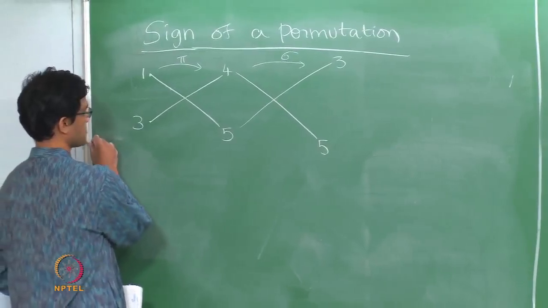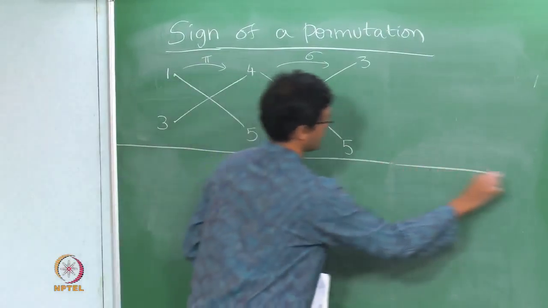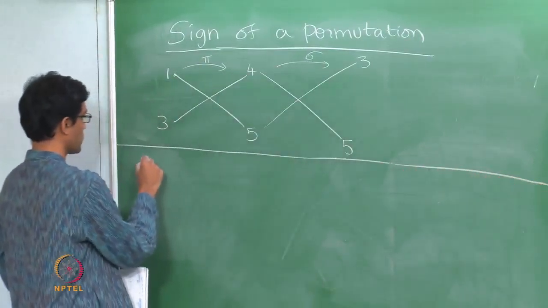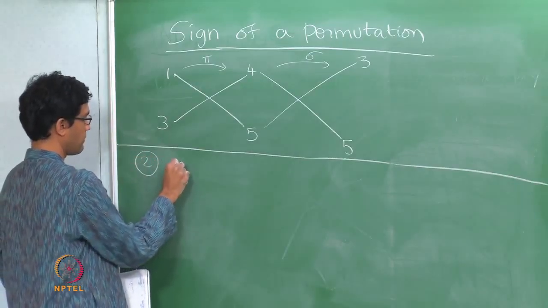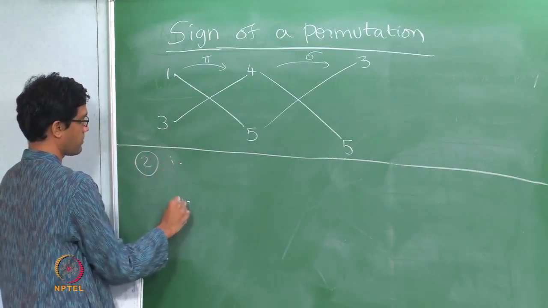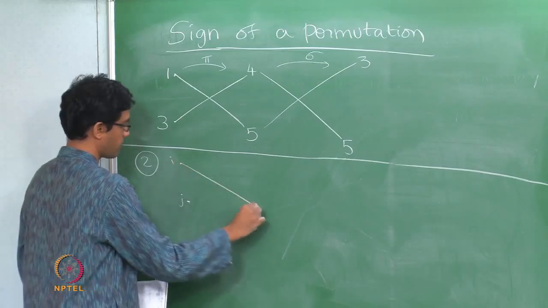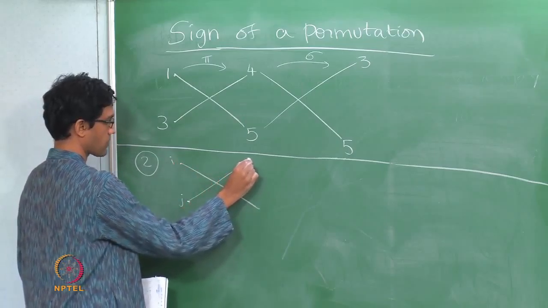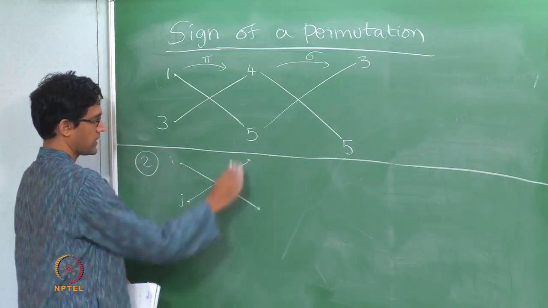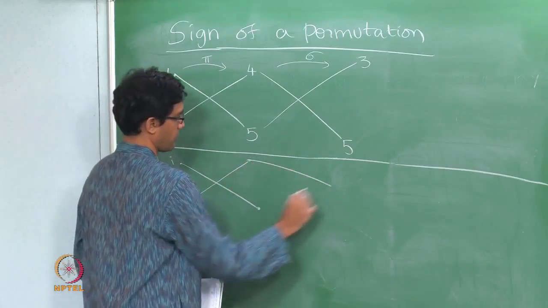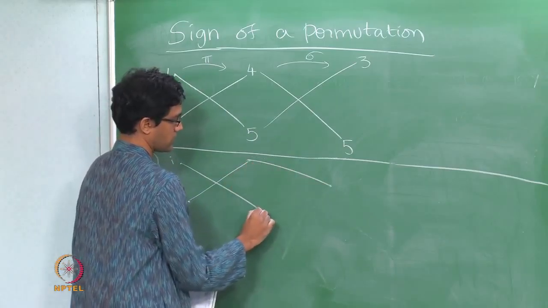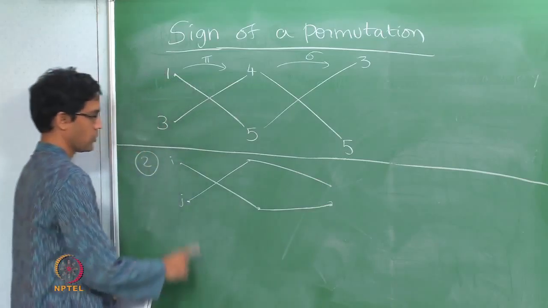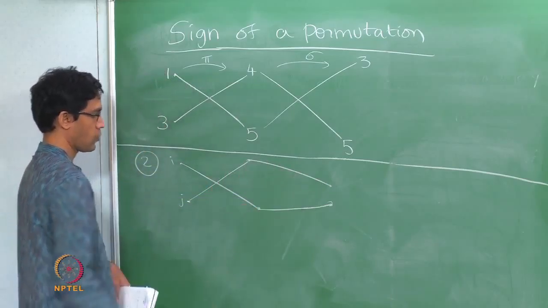So what are the other possibilities? Well, you could have one crossing. So here's case 2. If I look at pi, so I have my numbers i and j, say that in the diagram for pi there was a crossing, but in the diagram for sigma they don't cross. Say maybe this goes here and that goes somewhere. So it's a crossing followed by a no crossing.